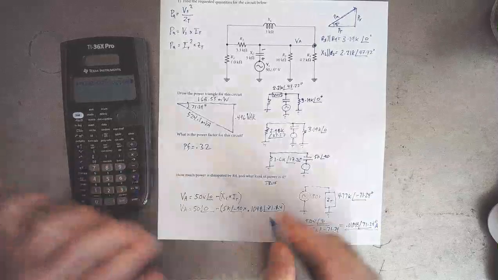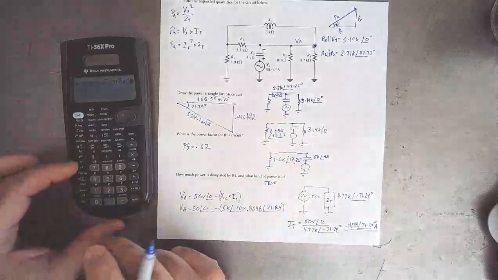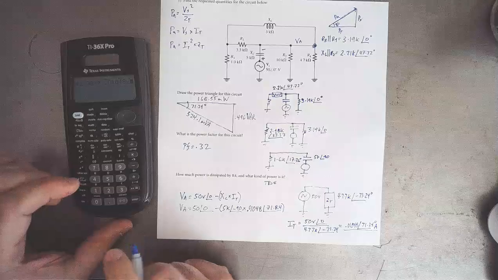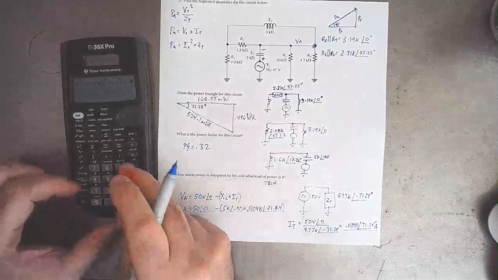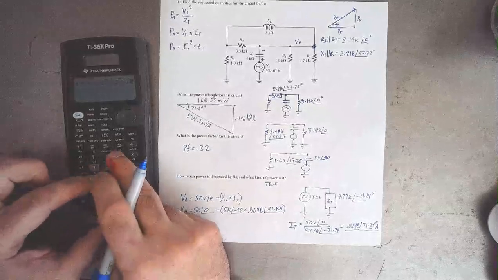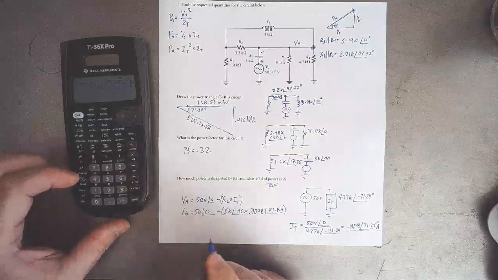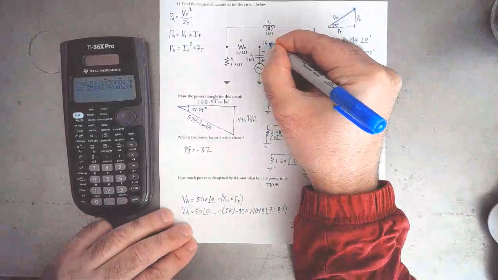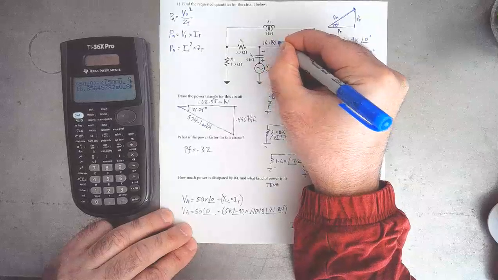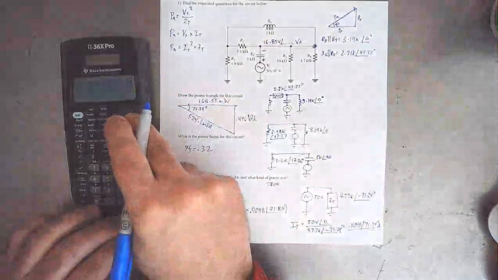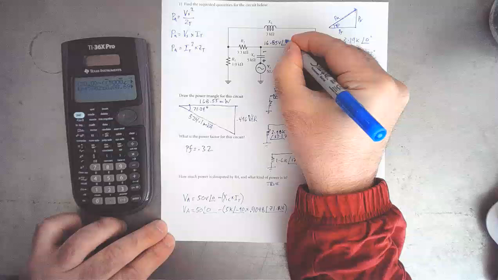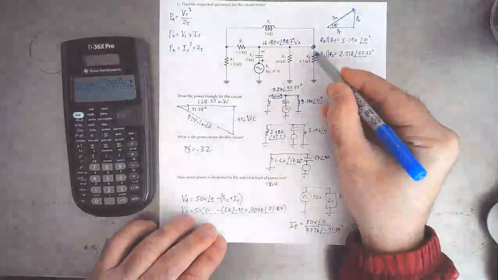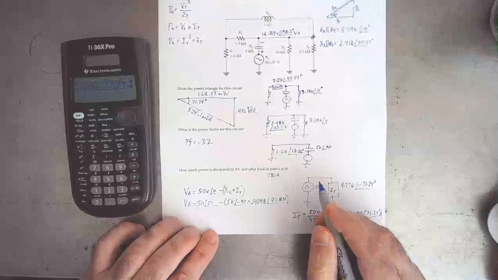I forgot a 0 right there. At an angle of 71.24 degrees. There. And it is telling me that VA is 16.85 volts at an angle of 88.7 degrees. All right. So that is the voltage across R4 right there.